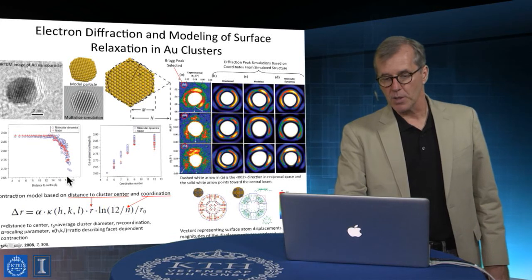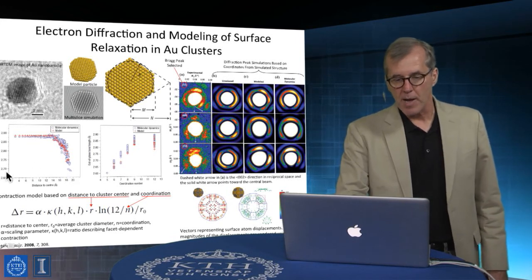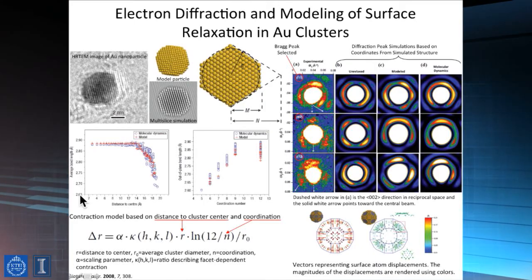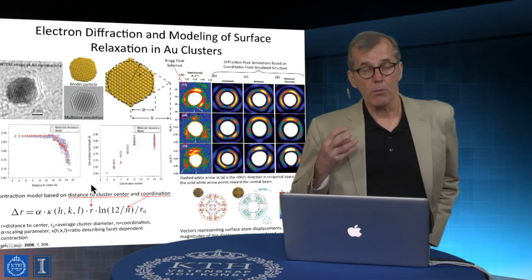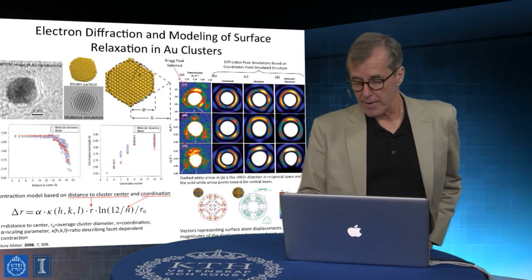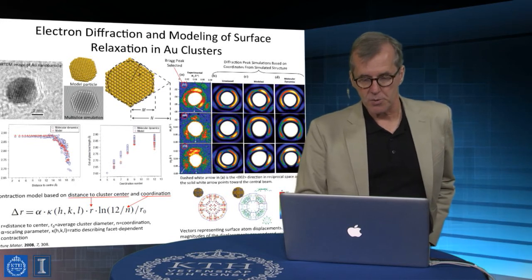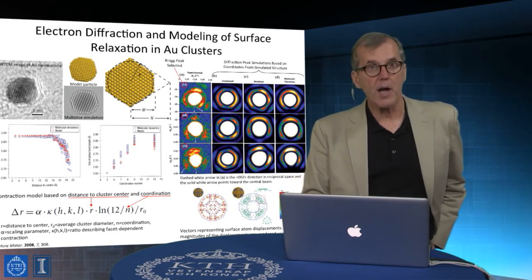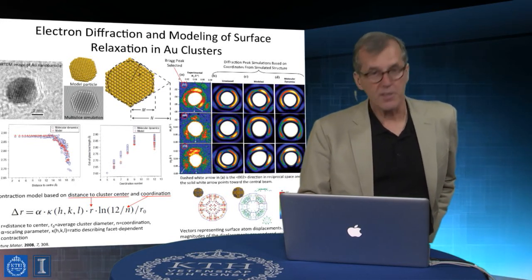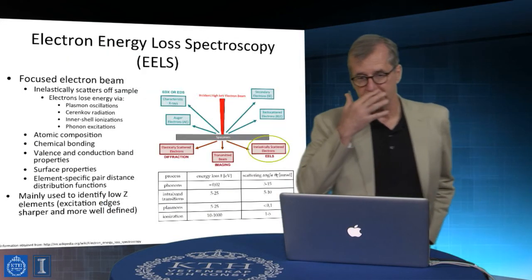So one can look at this and one finds that bonds are strained of the order of a few percent of what would be an unrelaxed bond distance, and that actually turns out to be a really large energetic impact on the thermodynamics of the cluster. So these things would have really large consequences, for example, in things such as catalytic properties.